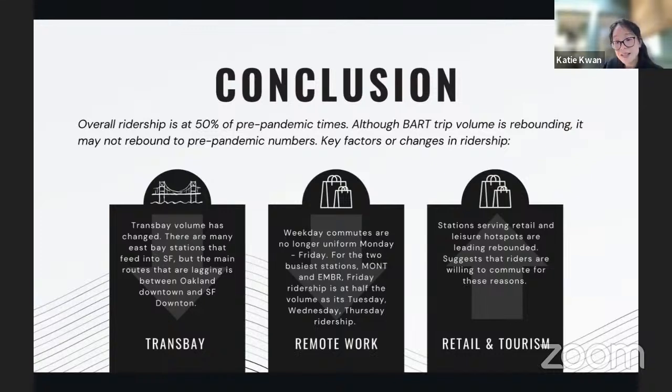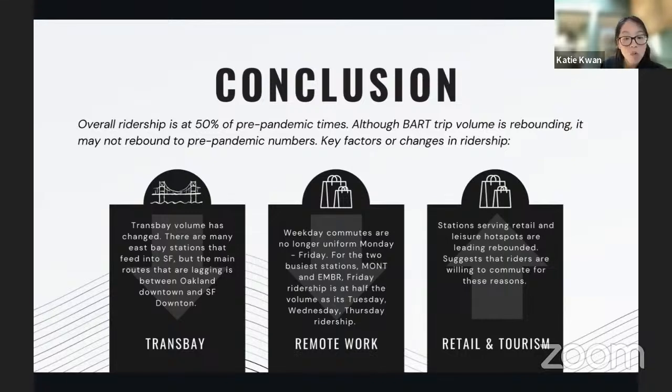People are proportionately less frequently crossing the Bay Bridge on BART. So they're kind of staying in their areas, whether it's in the East Bay or in San Francisco. So Trans-Bay volume is down.